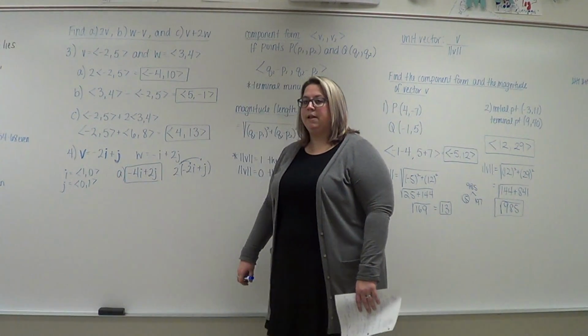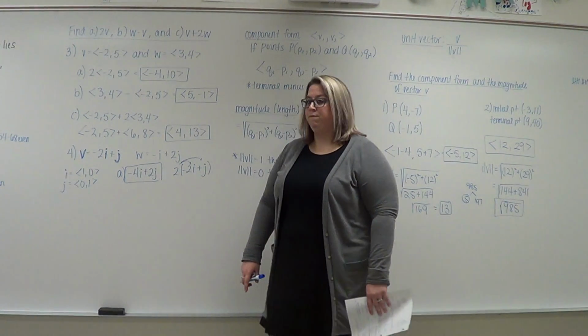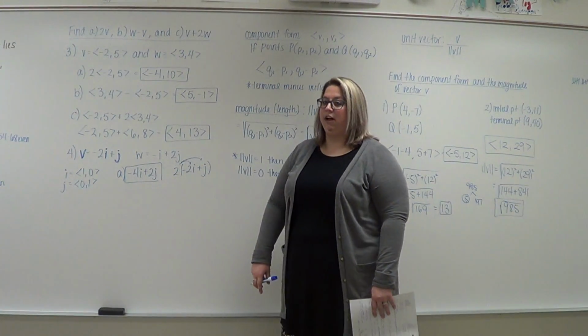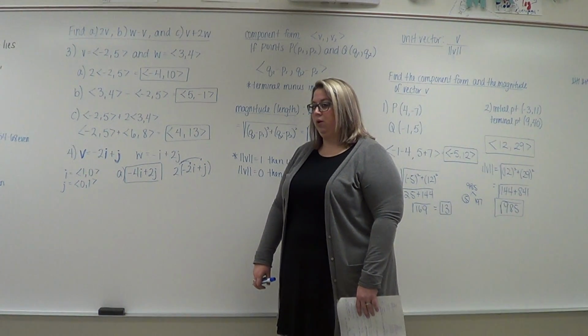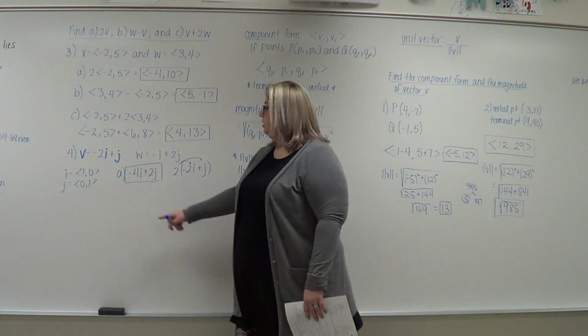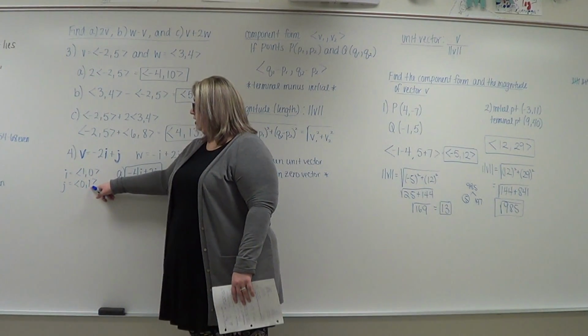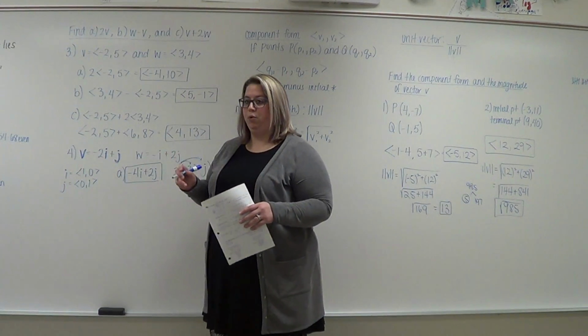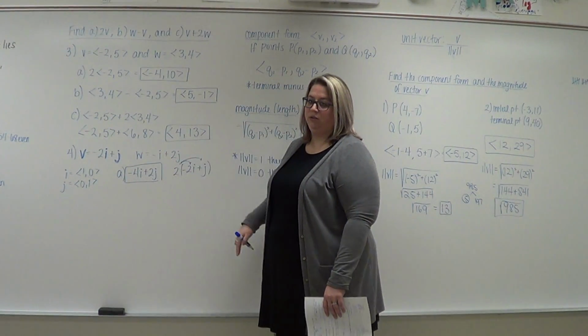You wouldn't have to plug anything in, because i and j are vectors. You won't put any numbers in for them. This would be like saying take -2 times this vector, i is this vector, add them together, that would be a component form vector. So this is a different way of showing vectors.